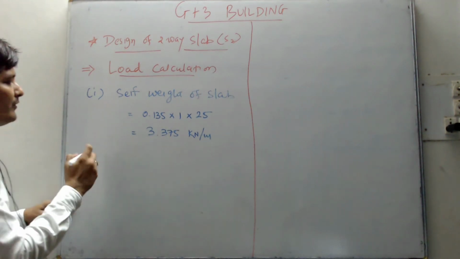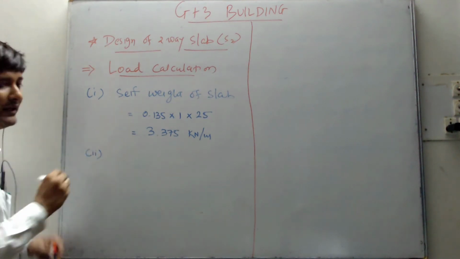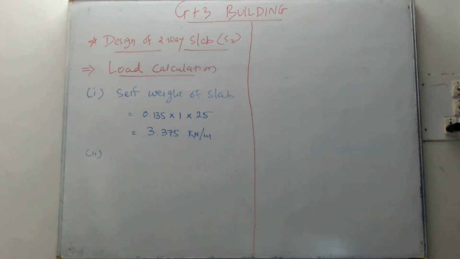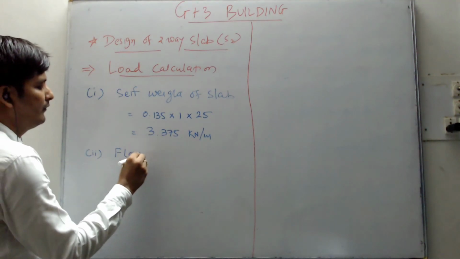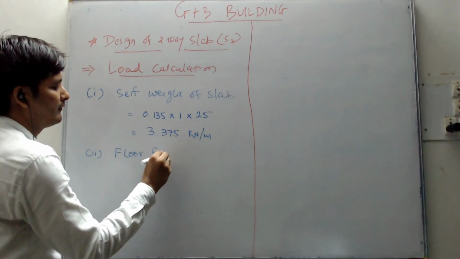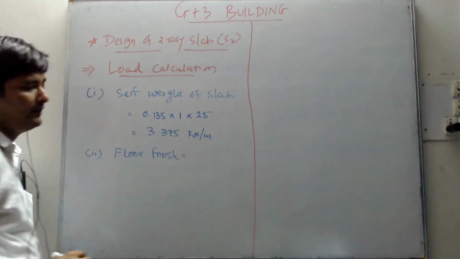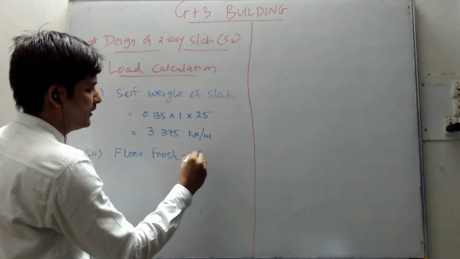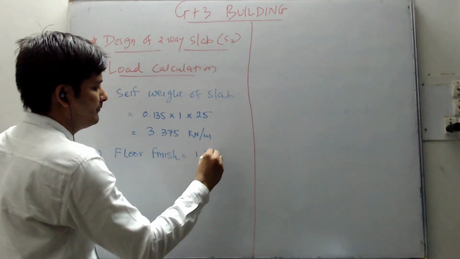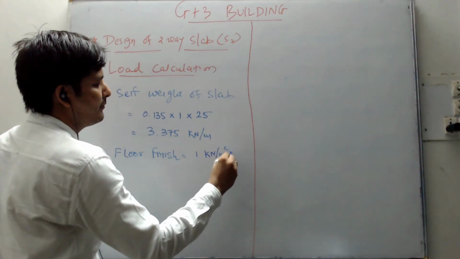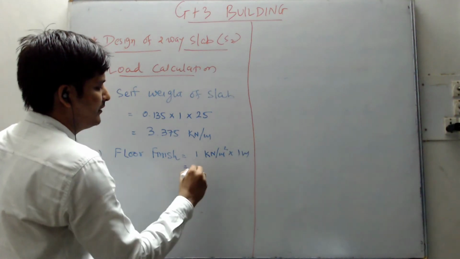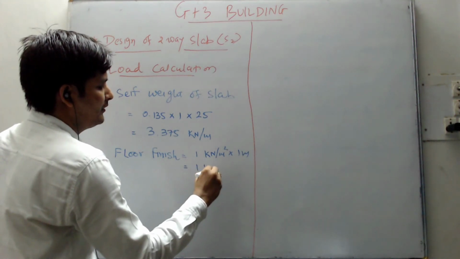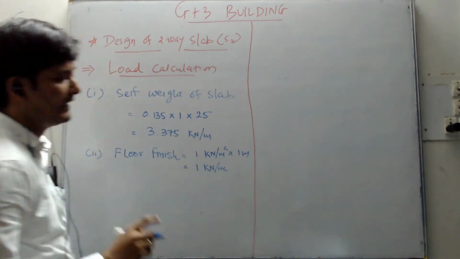The second load that will be acting on my slab is the floor finish load. This load will be given in the data. If you remember, it is given as 1 kilonewton per meter square, and this is to be applied per meter run of slab. So ultimately the unit will be 1 kilonewton per meter. We have converted our area load into UDL.